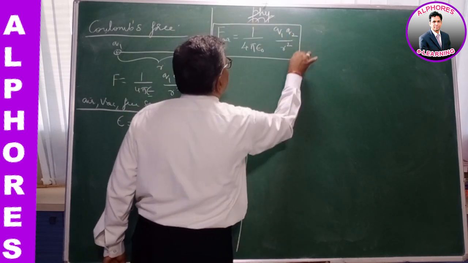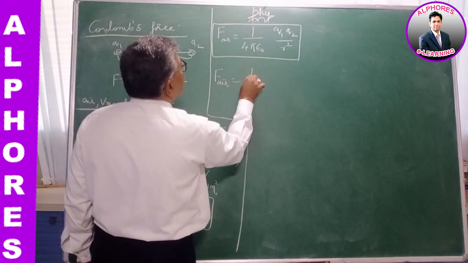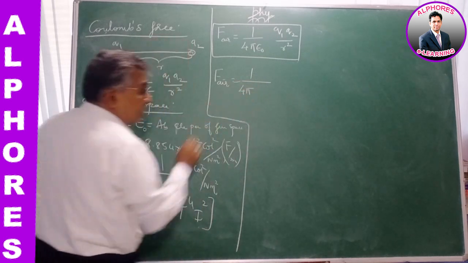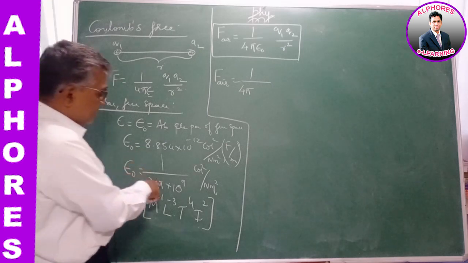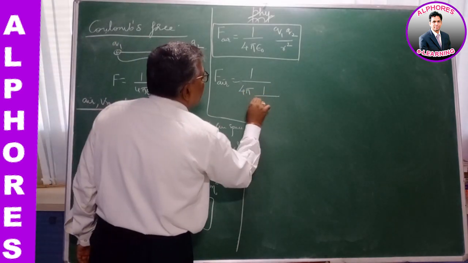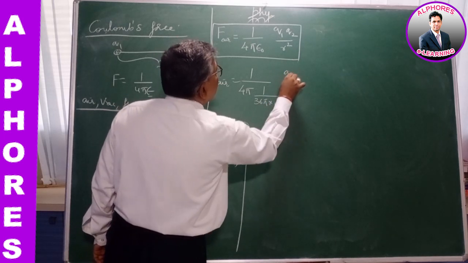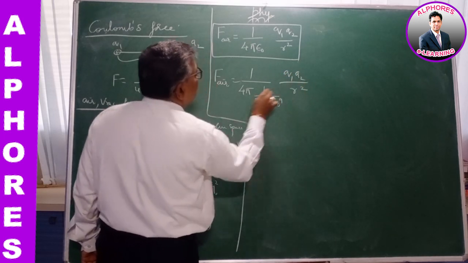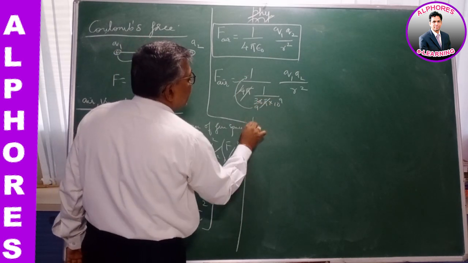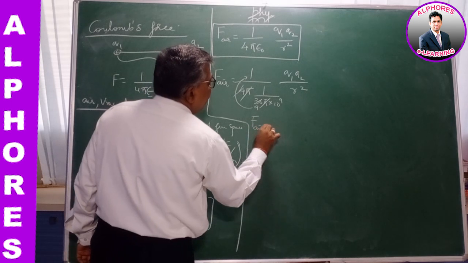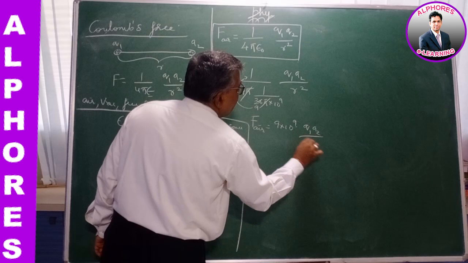Now, substituting the value of epsilon naught, it's 1 by 4 pi into 36 pi into 10 power 9 Q1 Q2 by r square. While solving problems, it is better not to use the raw value, so that it will be easier to calculate. Pi cancels, and the 9 goes to the numerator. So the force in air is 9 into 10 power 9 Q1 Q2 by r square.